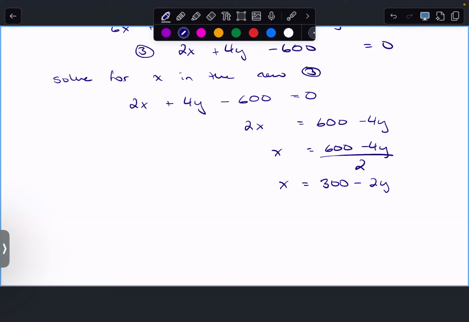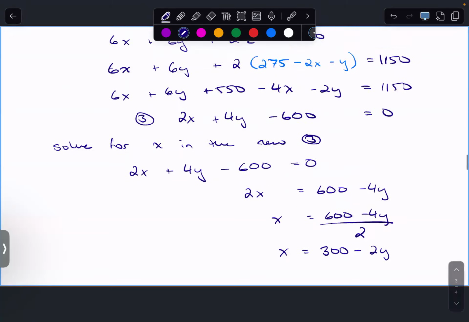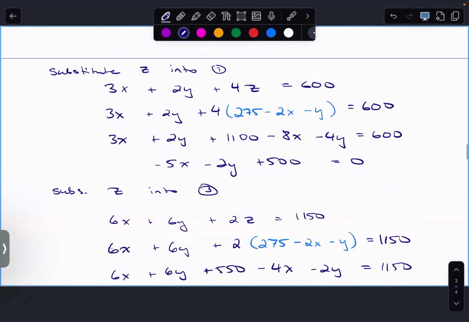Now I have x in terms of y, which I want to put into one of the equations that only have x's and y's, because then I'll whittle it down to just one variable. Looking here, this is my new first equation.